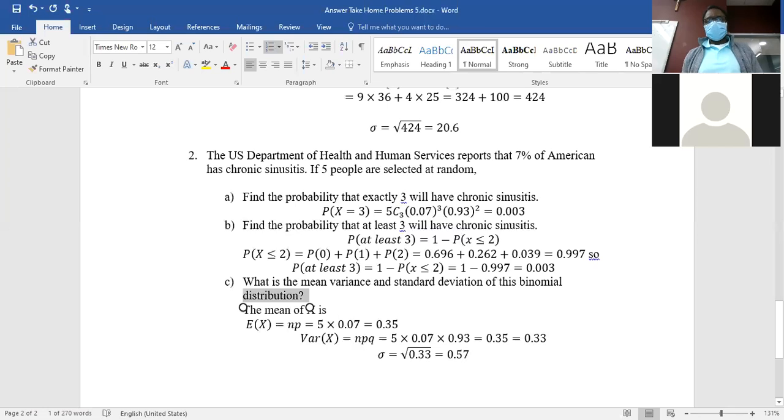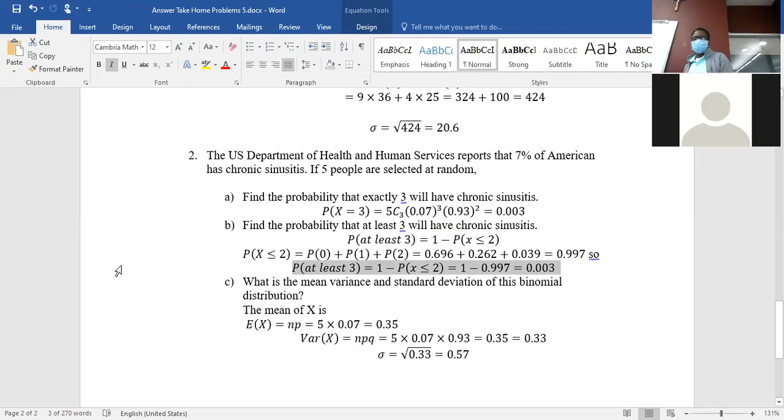Now, what is the mean, variance, and standard deviation? For a binomial distribution, the mean is NP, which is 5 times 0.07, 0.35.